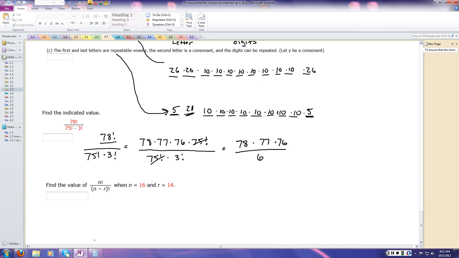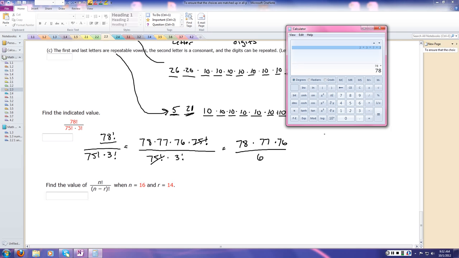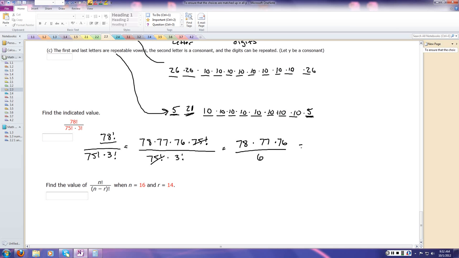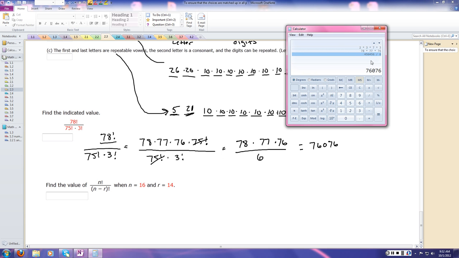So then you can plug it in your calculator. 78 times 77 times 76 divided by 6, and I get 76,076. You could also just use your calculator: 78 factorial divided by 75 factorial, and then again divided by 3 factorial, I get the same answer.